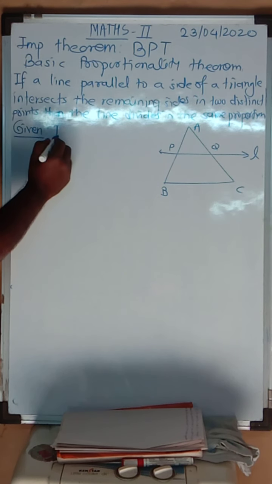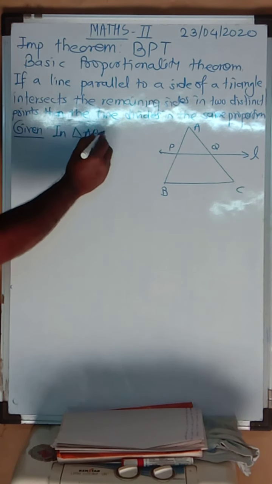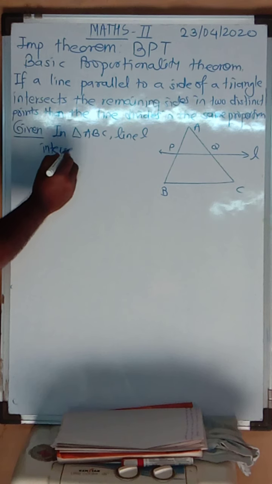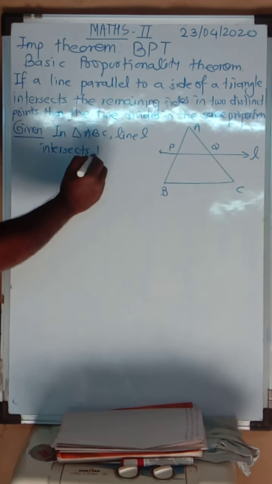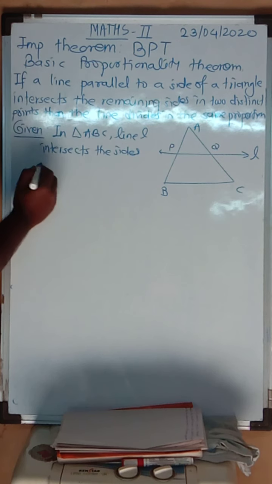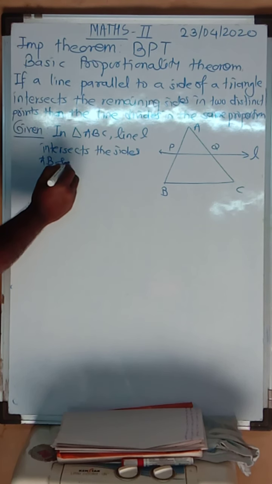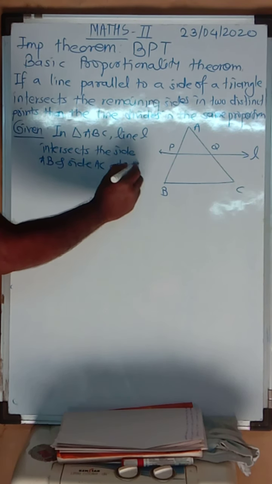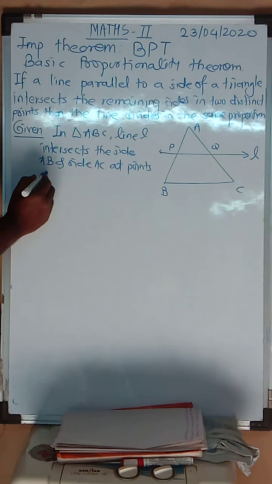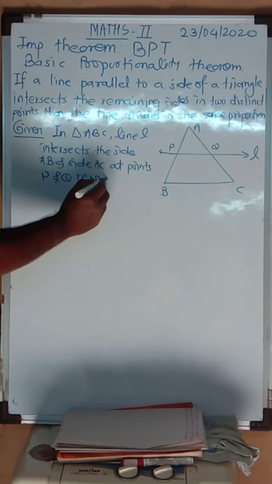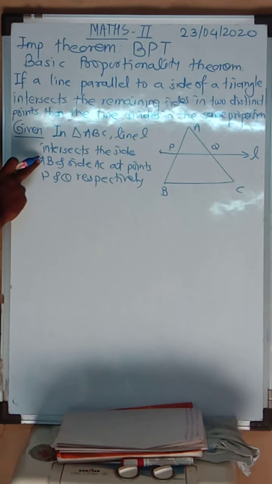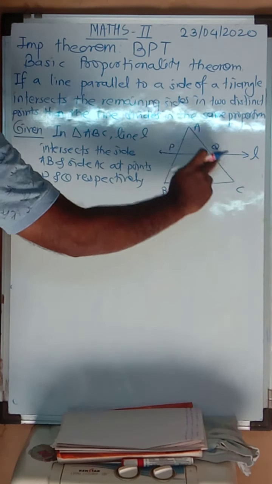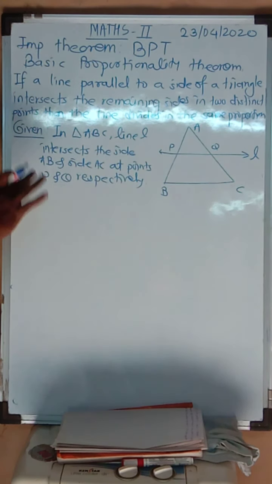That means in triangle ABC, line L intersects the sides AB and AC at points P and Q respectively. What is the meaning of respectively? That means the line L intersects side AB at point P and AC at point Q. All this is about the given.